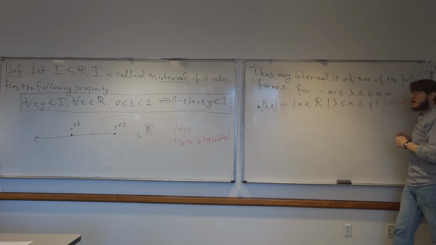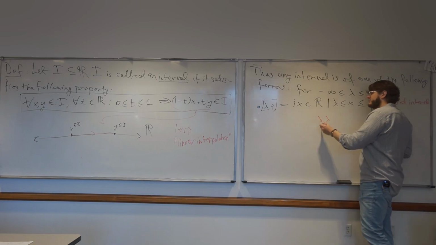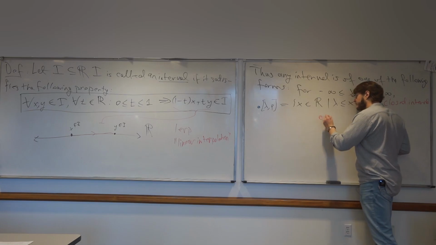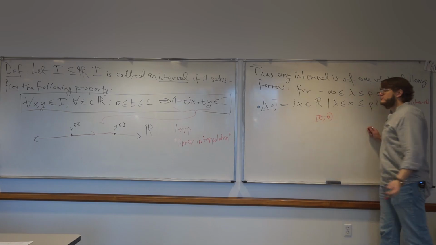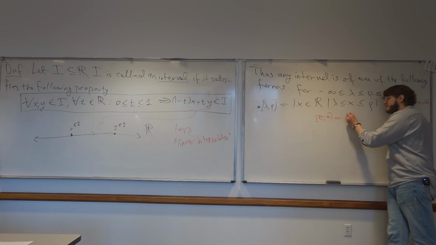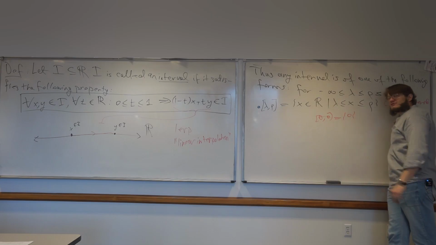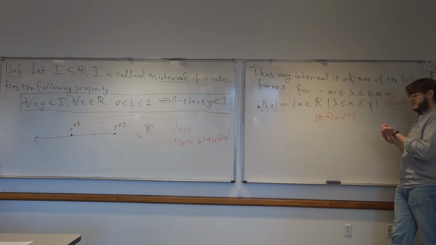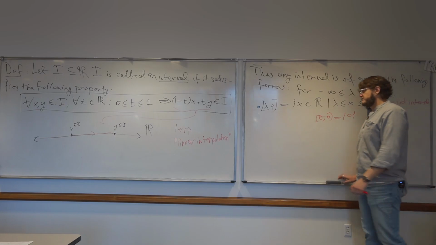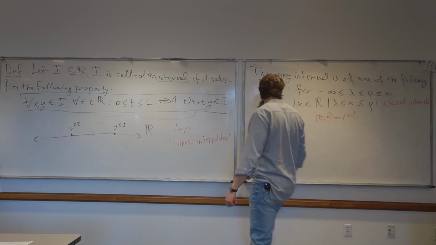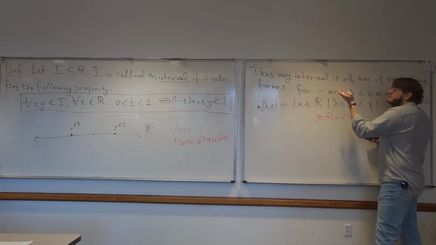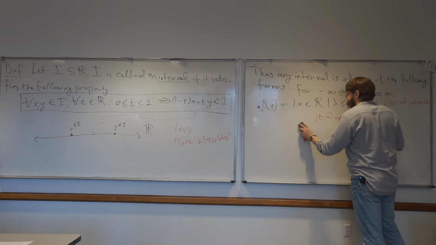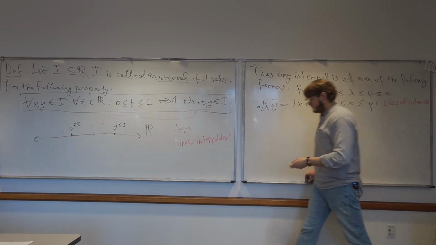So in principle, I could write something like lambda to lambda, or let's say 0 to 0. This is, of course, just a fancier way of writing the set that contains only 0. So this is allowed. For pretty much everything we're going to do, this is going to be negligible, but we don't need to worry about making lambda strictly less than rho. So that's one.